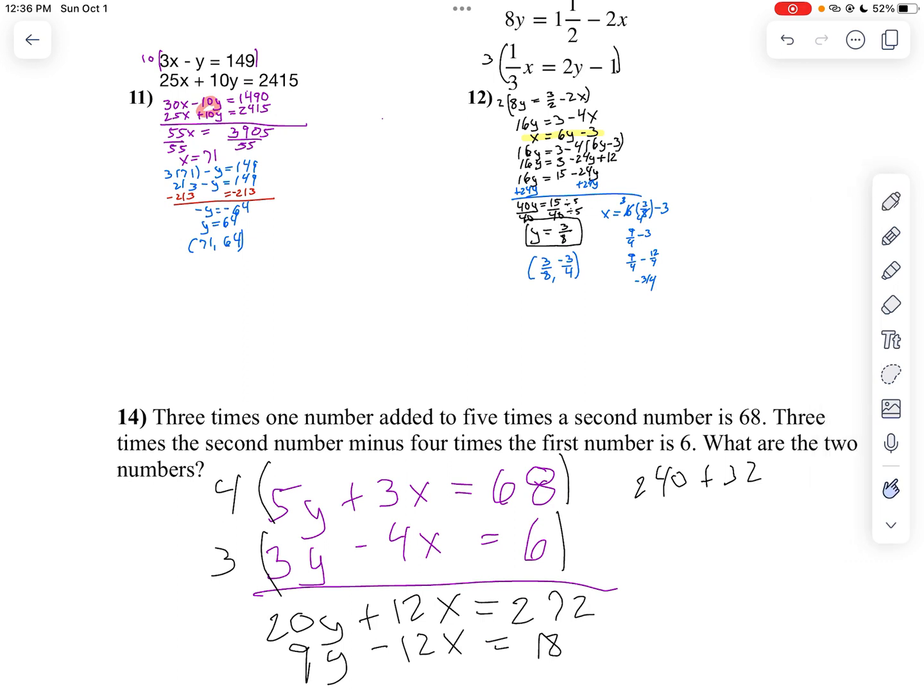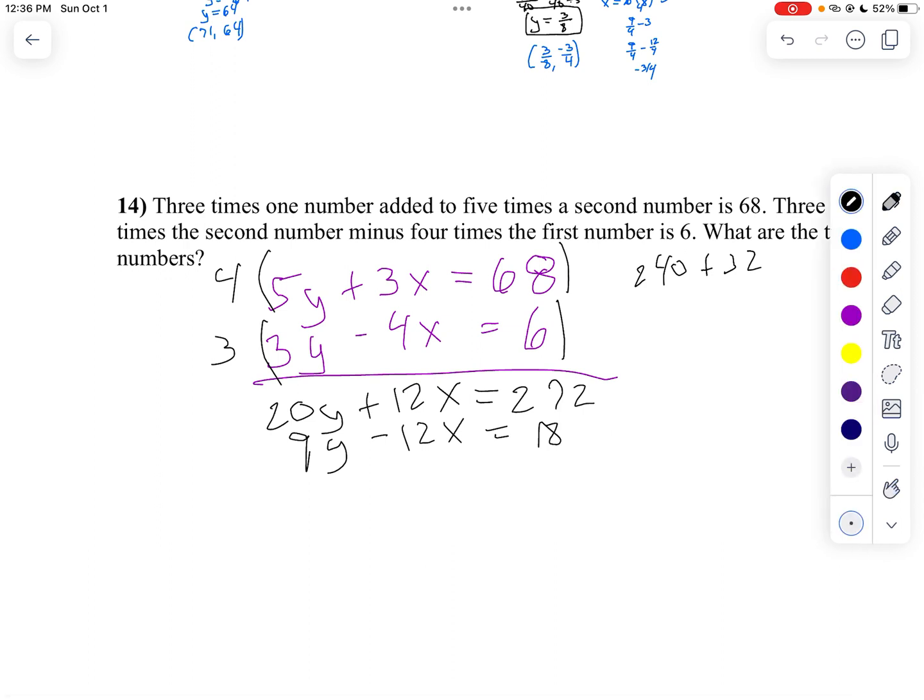Now let's combine them. 20 plus 9 gives us 29y. My x's cancel. That's what I wanted to happen. And then equals 272 plus 18 is 290.